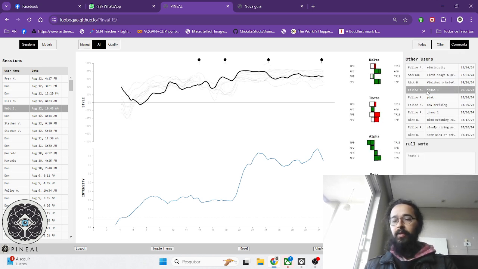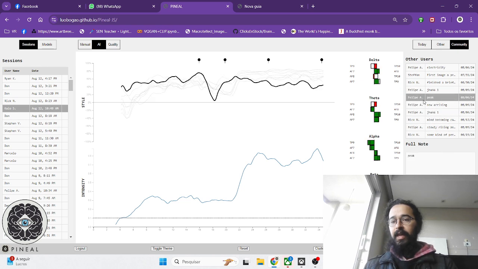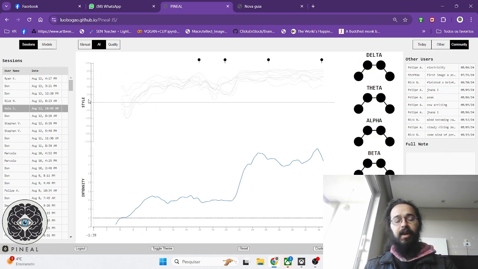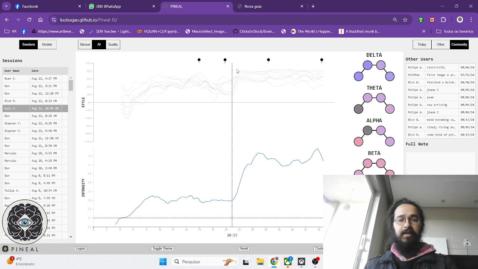The student will try to find his teacher, myself, Kaio, and he can see in the style type of graph if his session goes up this horizontal line and has a good strong percentage of match with my jhana 1, with my style, right? So yeah, that's the part of AI.